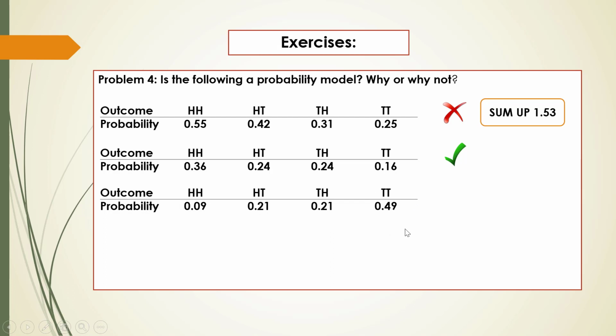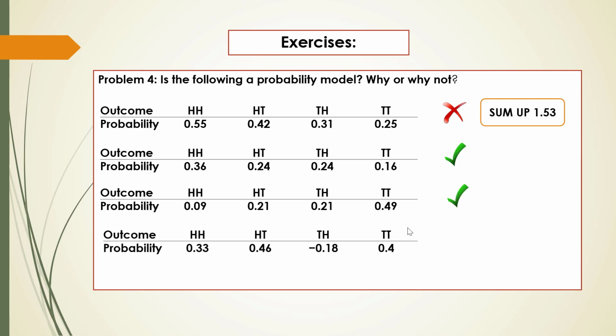And they add up to 1. So this is a probability model. The last model, 4 possible outcomes and their probabilities. However, you can see that the probability of tails-heads is negative 0.18. So the first property is not satisfied. So this is not a probability model.